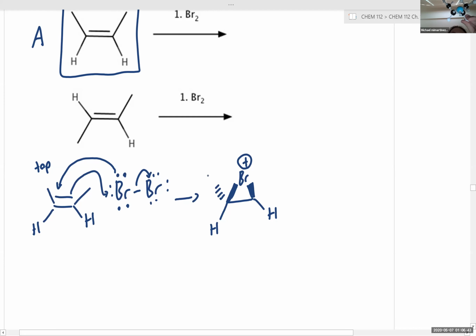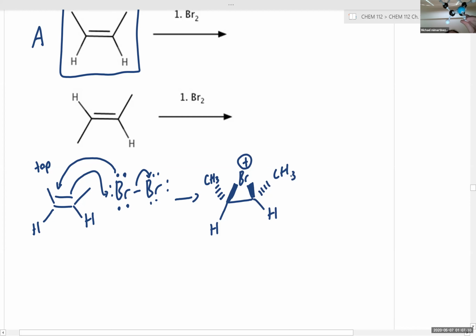I'm a big believer in the phrase, just draw what you see. So here's our bromonium intermediate. Now our bromine equivalent is going to come in and it can attack from the back. It can attack at either the left or the right carbon. In this case, they're equally substituted.